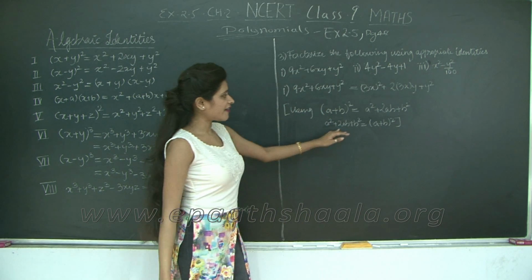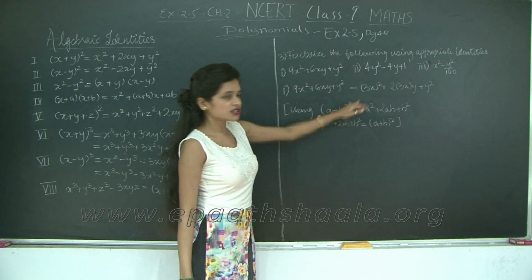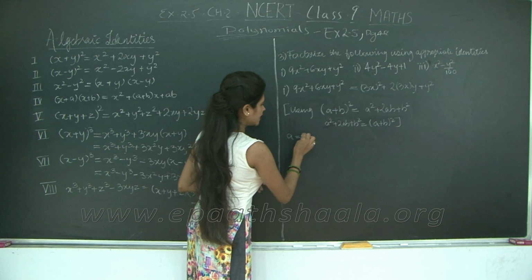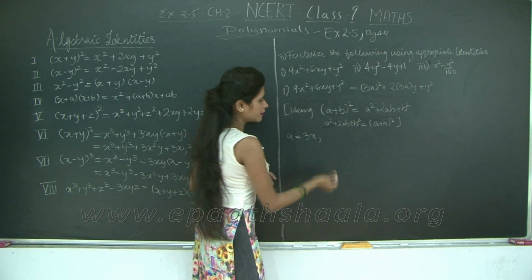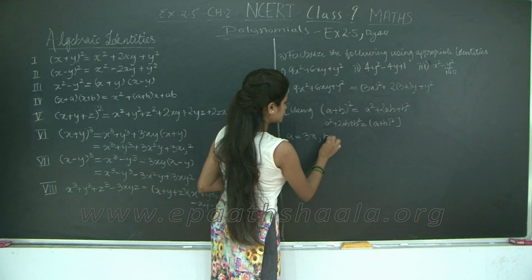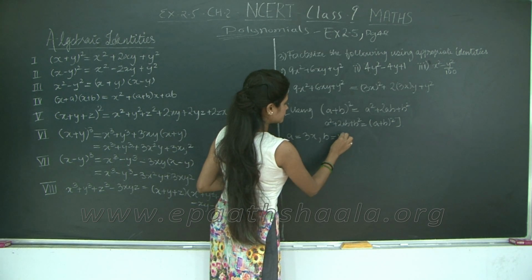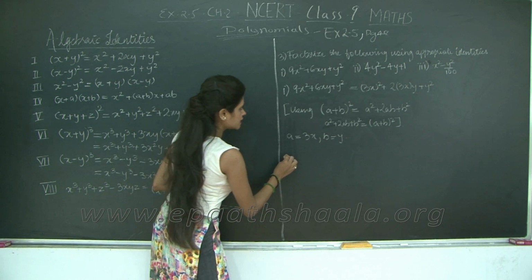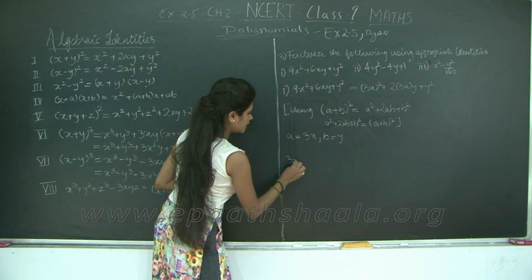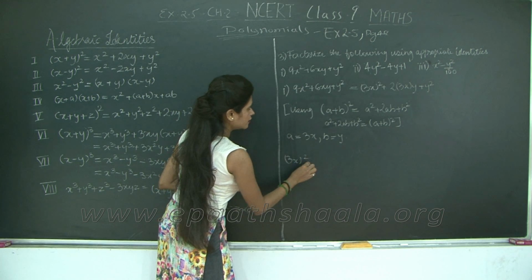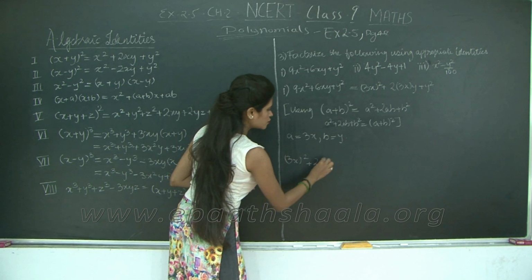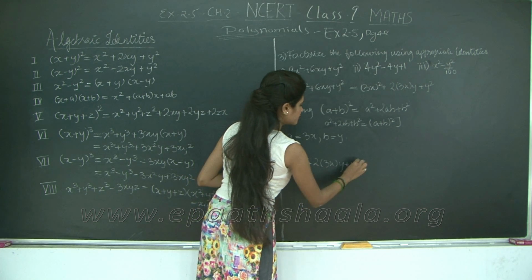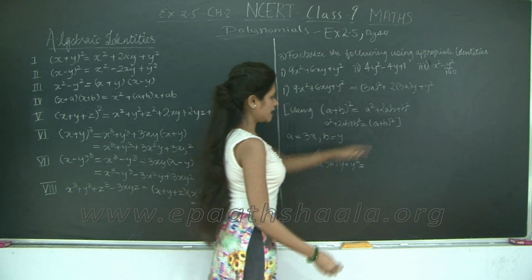Therefore, comparing to this question, the value of a is 3x and my value of b is y. Therefore, I have 3x the whole square plus 2 into 3x into y plus y square is equal to a plus b the whole square.